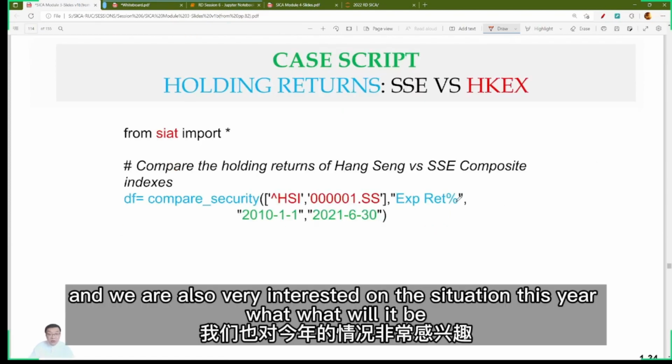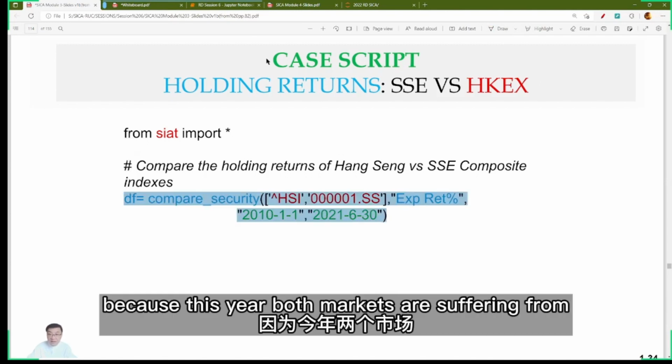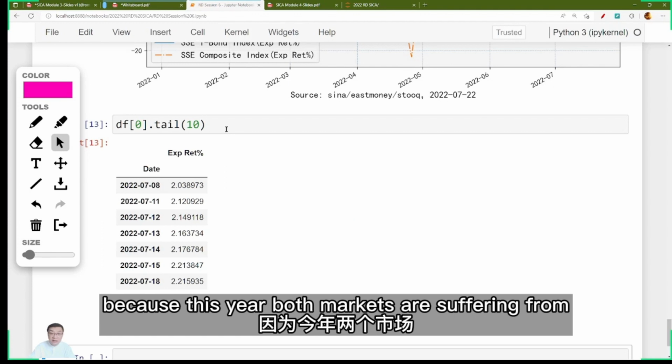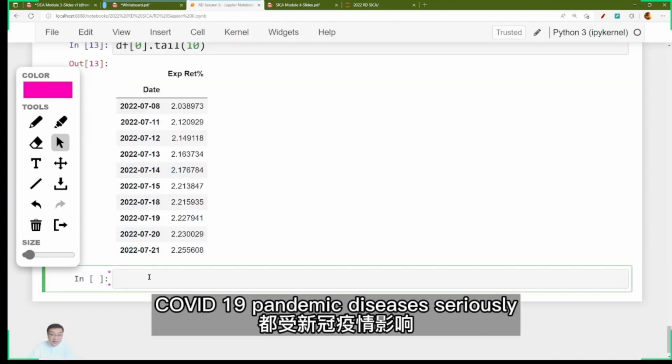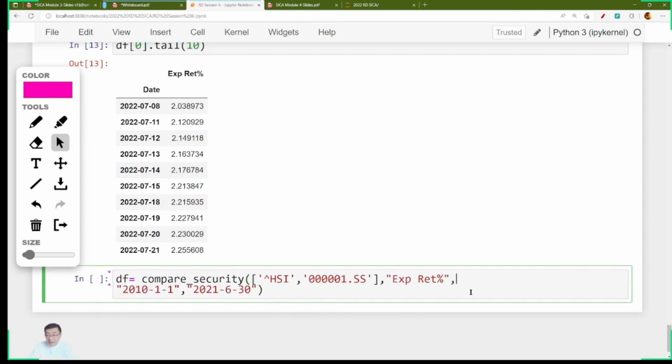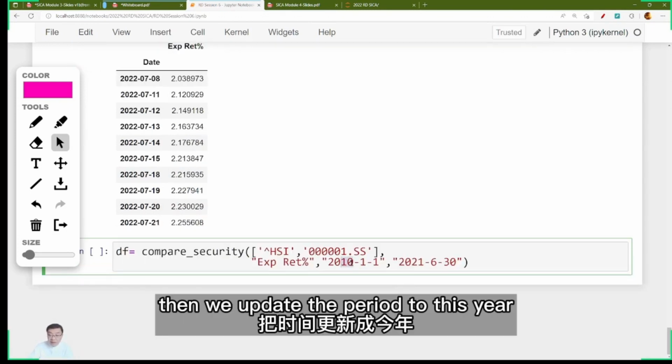And we are also very interested in the situation this year. What will it be for the situation this year? Because this year, both markets are suffering from COVID-19 pandemic seriously. Then we update the period to this year.